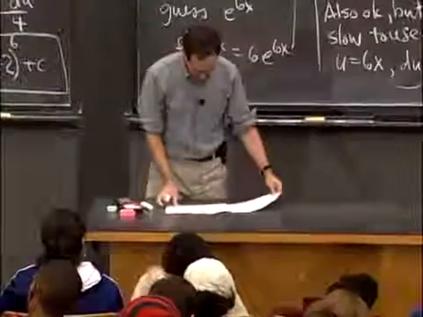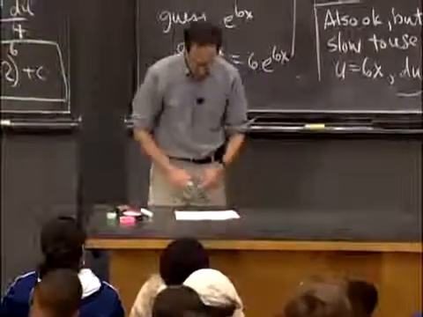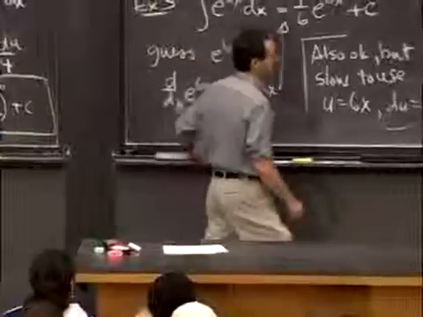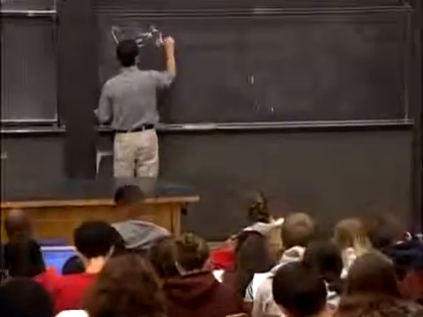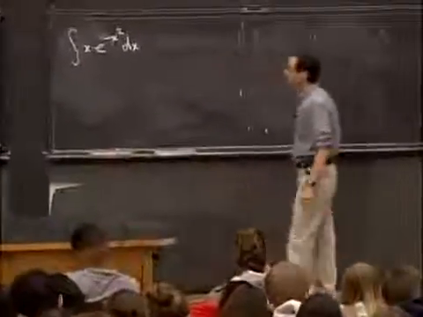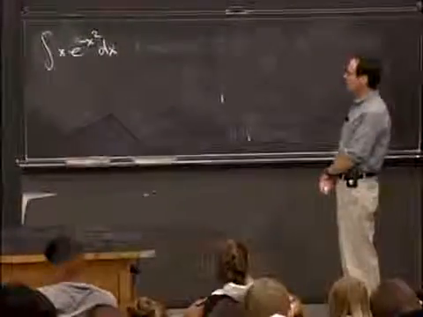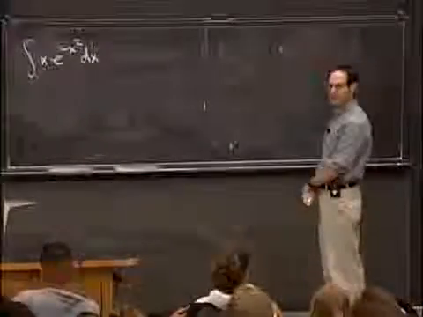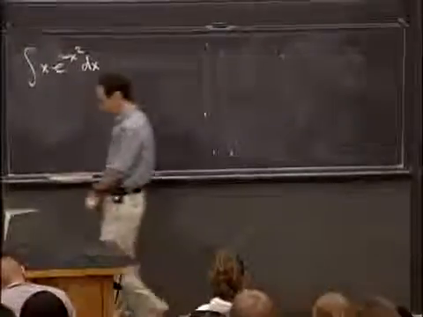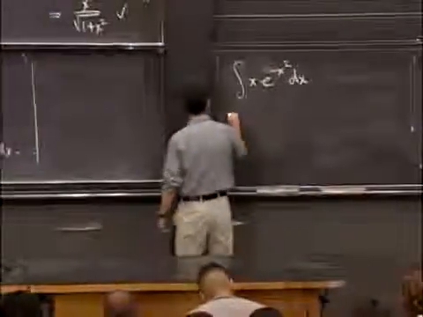All right. Well, I'm going to give you a couple more examples. So how about this one? X times e to the minus x squared dx. What's the guess?